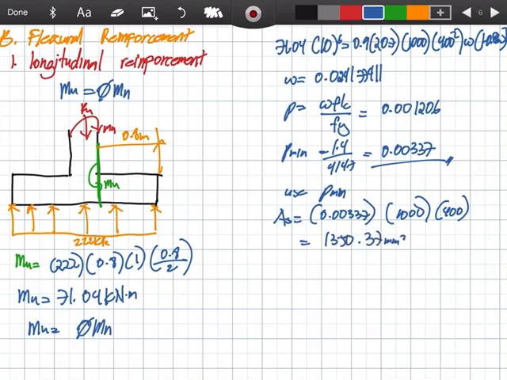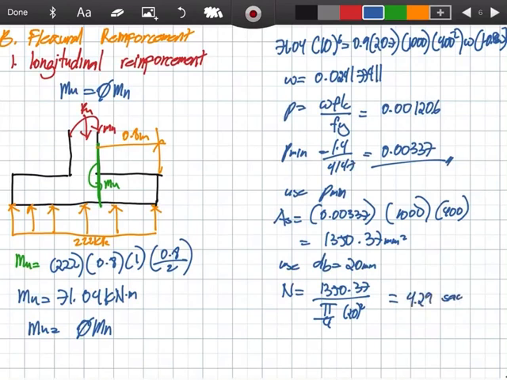mm squared. If we use db na 20 mm, N is equal to 1350.37 over pi over 4 times 20 squared. It will be 4 point something. Going to use my calculator. 4.29.